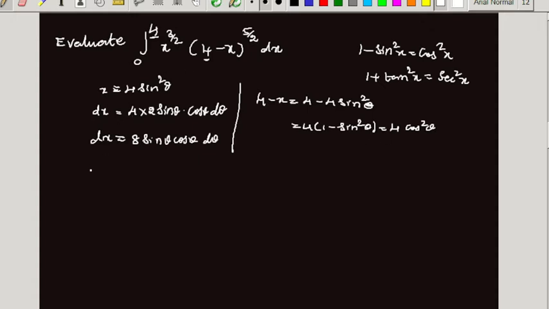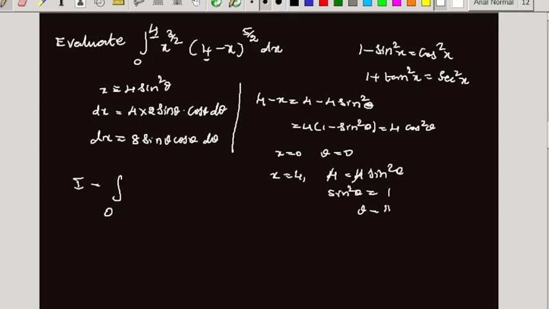So here we substitute the values in the integration. One more thing: when x is 0, theta is 0. When x is 4, we get 4 equal to 4 sin square theta, the 4 gets cancelled, sin square theta is 1, sin theta is also 1, then theta is 90 degrees, sin 90 degrees is 1.